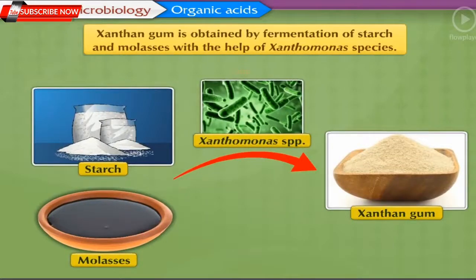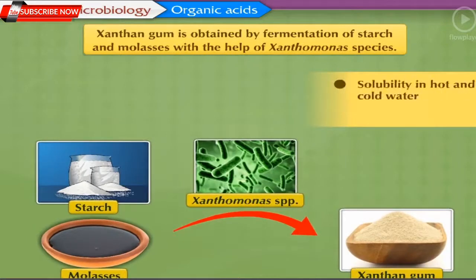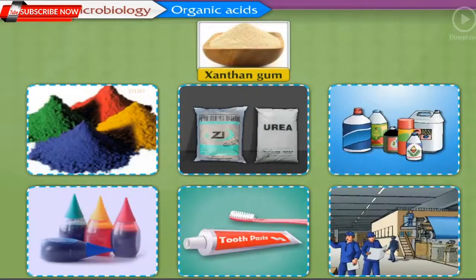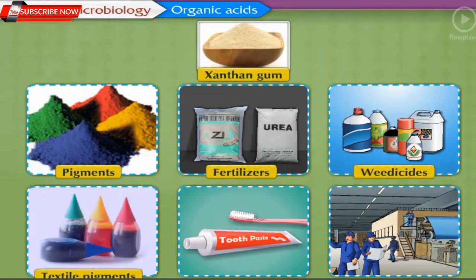It is variously useful due to properties like solubility in hot and cold water, high density, etc. It is also used for production of pigments, fertilizers, weedicides, textile pigments, toothpastes, high-quality paper, etc.